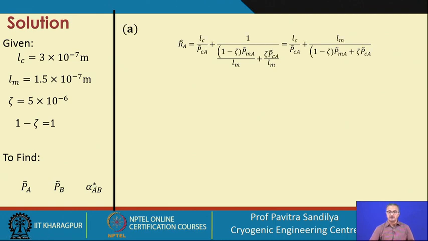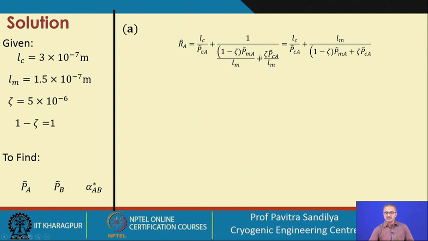Now, in this case we go by the calculation of the resistances. As per our figure, these are the resistances through the coating and the membrane together, and these are the resistances through the coating.